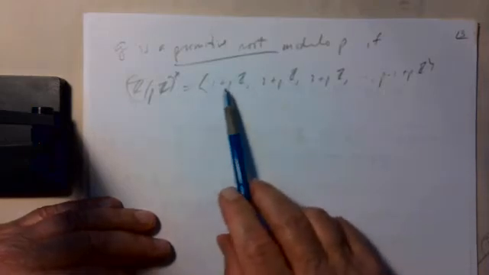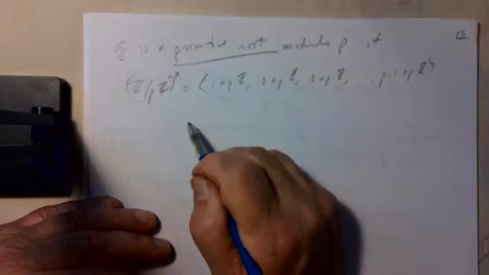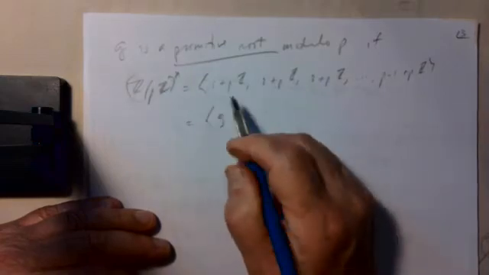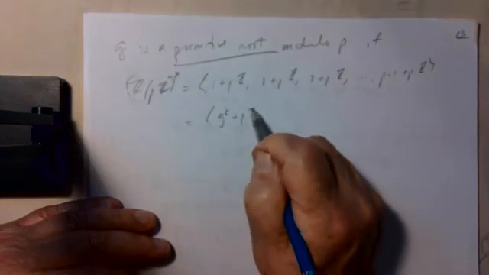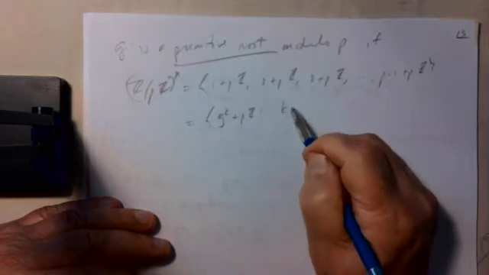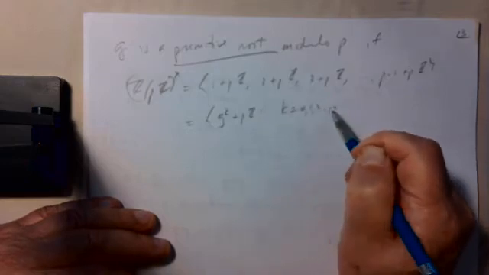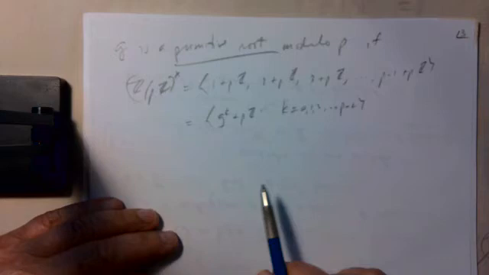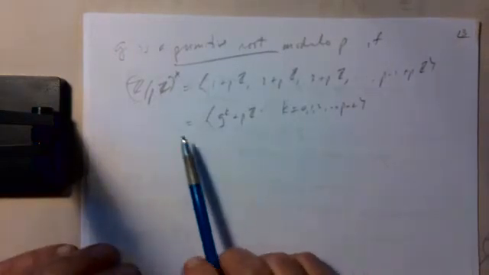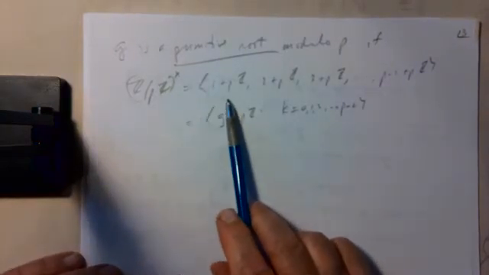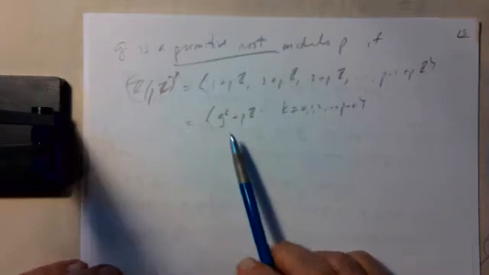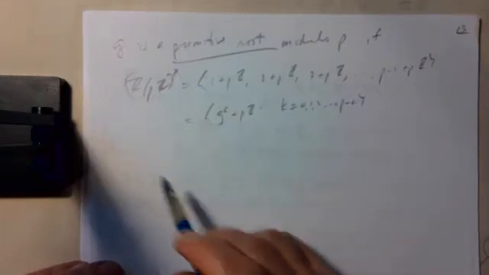You can represent each of these as a power of g. This is g to the k plus pZ, where k goes from 0, 1, 2, up to p minus 2. So every non-zero congruence class is a power of g.